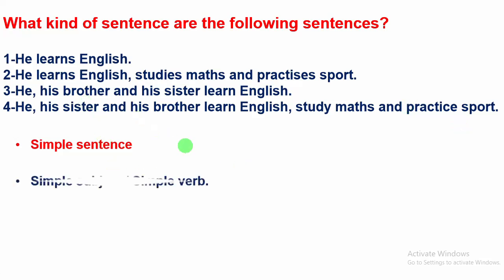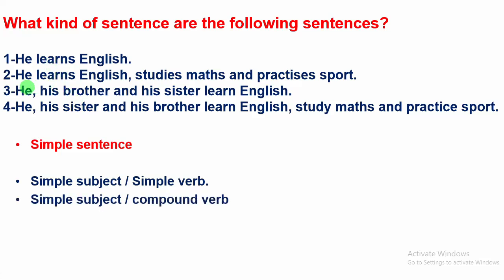In the first sentence here, we find a simple subject, he, and a simple verb, which is learns. In the second sentence, we find a simple subject, he, and the compound verb, learns, studies, and practices sport. In the third sentence, we find a compound subject, he, his brother, and his sister, and a simple verb, which is learn.